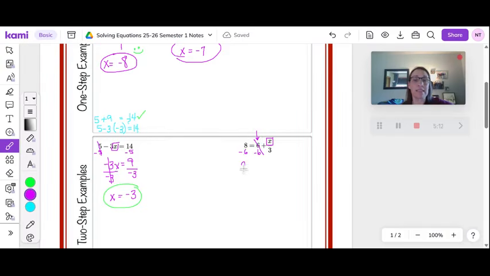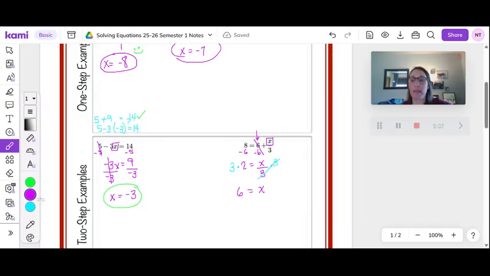And 8 minus 6 is 2, and 2 equals x divided by 3. Now, the opposite of dividing by 3 is multiplying by 3, so we're going to do that to both sides. A 3 on top and a 3 on bottom divide to give us a 1, and we're just left with x. And then 3 times 2 is 6.